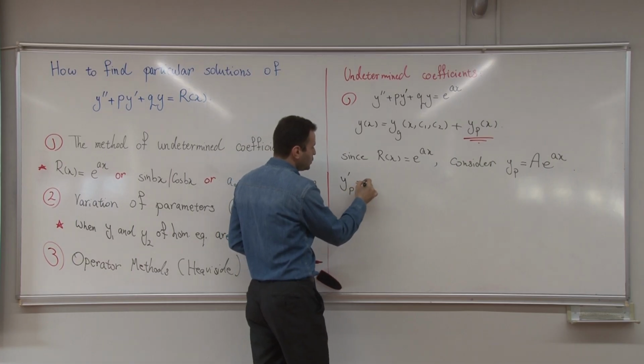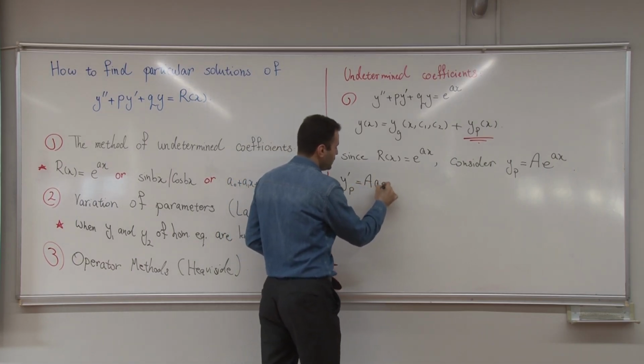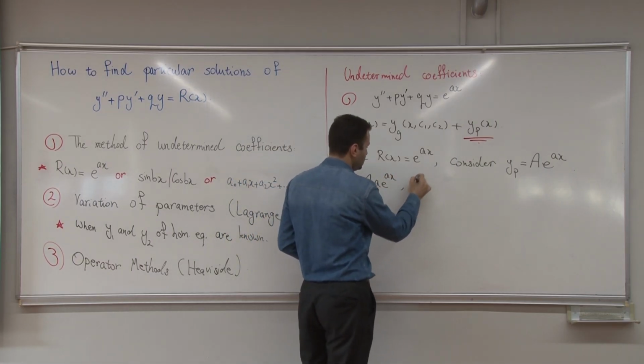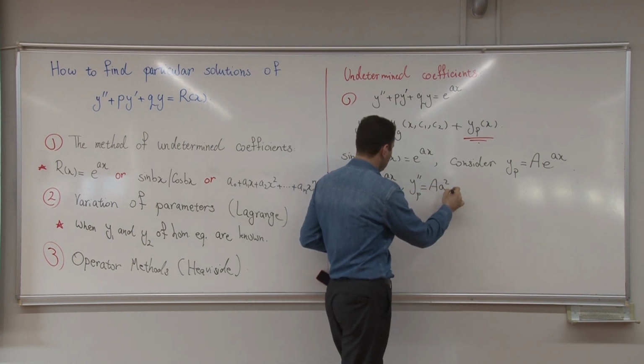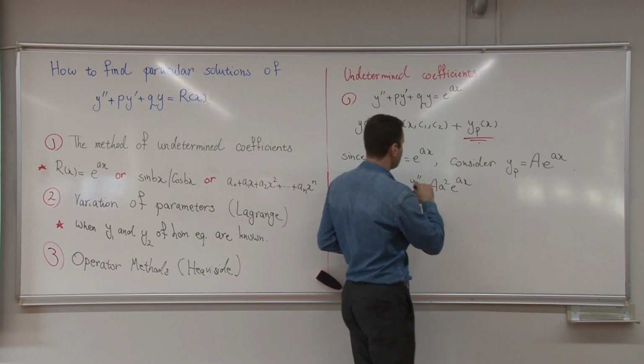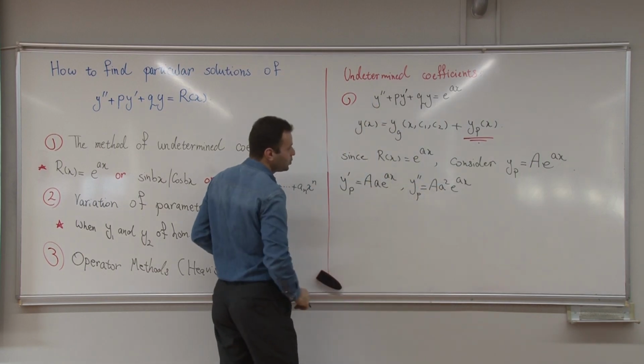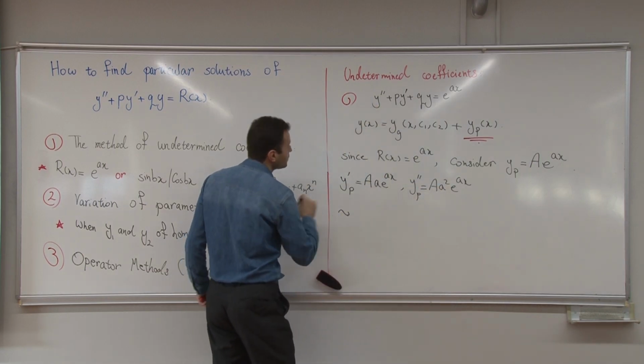Our y prime is going to be capital A small a e to the power of ax. Our y double prime is going to be A a squared e to the power of ax. And if we plug it into the equation, what are we going to get?